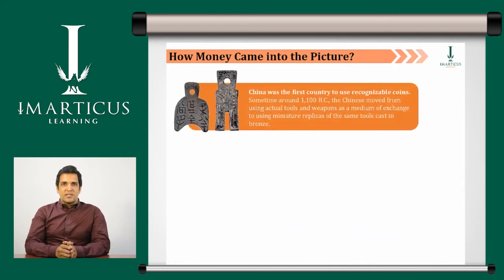China was the first country to use recognizable coins. Interestingly, by 1100 BC, China moved from using actual tools and weapons as a medium of exchange to using miniature replicas of the same tools cast in bronze.